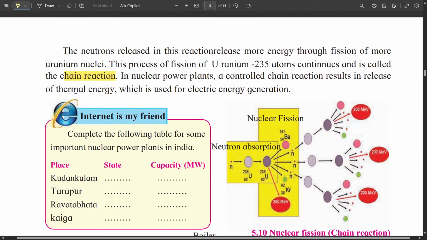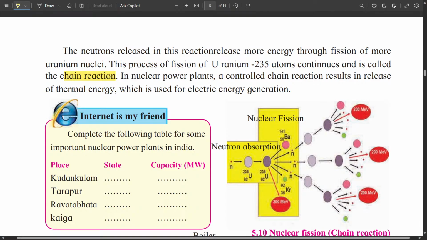In the nuclear power plant, a controlled chain reaction is the result. So there are some controllers which absorb neutrons and decrease their kinetic energy so that this reaction is not uncontrollable. In a nuclear bomb, an uncontrolled reaction takes place and a very large amount of heat is produced.